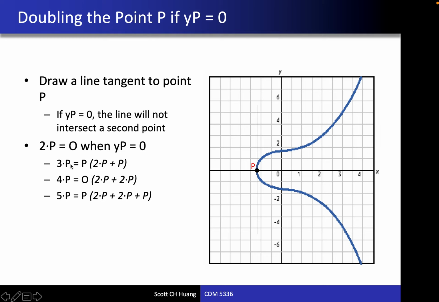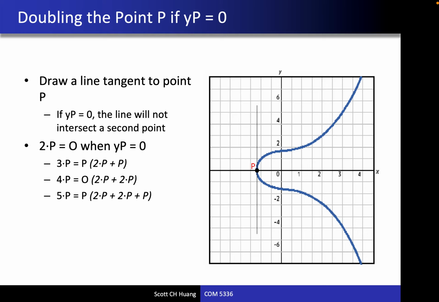So we have this type of alternating points. If we consider P, 2P, 3P, 4P, 5P, we'll realize that if we have an even number k, then kP is equal to the point at infinity.